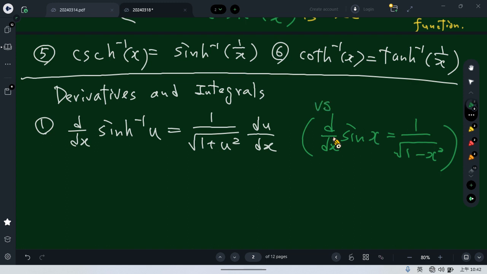No, this is inverse, right? Did you remember this? Which I learned for its inverse function for the arcsine function, right? But you can just notice that there is a very small difference here and here.